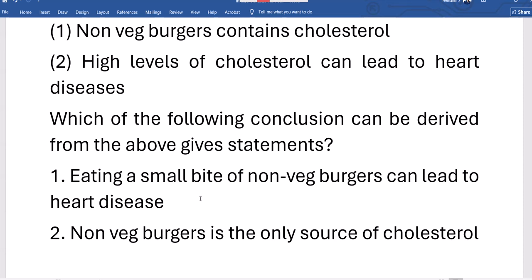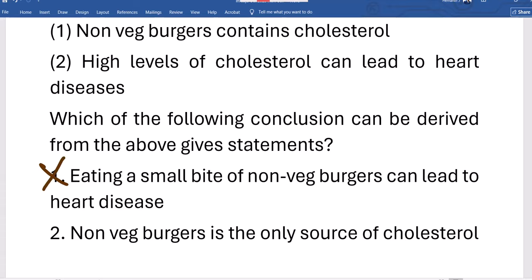If there are multiple conclusions, let us know. First one, is it true? Eating a small bite of non-veg can lead to heart disease. They said non-veg burgers contain cholesterol, and a high level of cholesterol will lead to it, but a small amount is not leading to that. So this is not a correct conclusion.